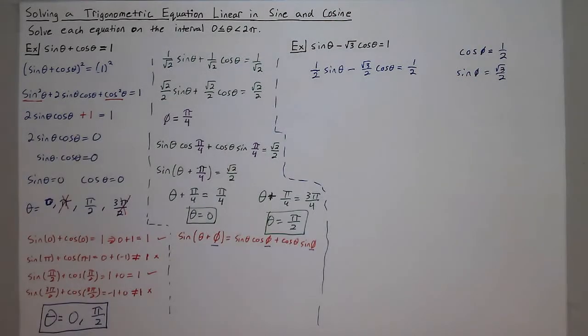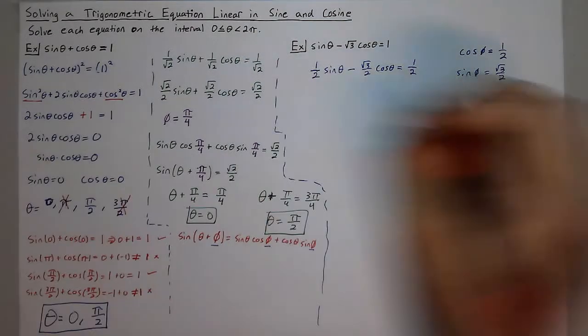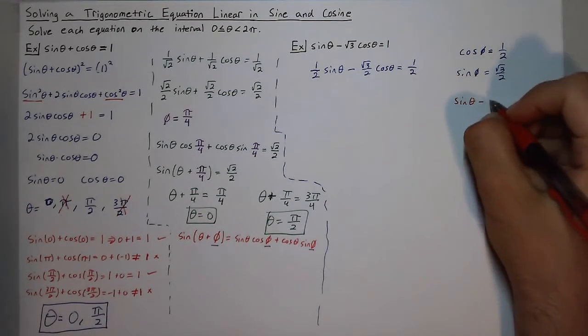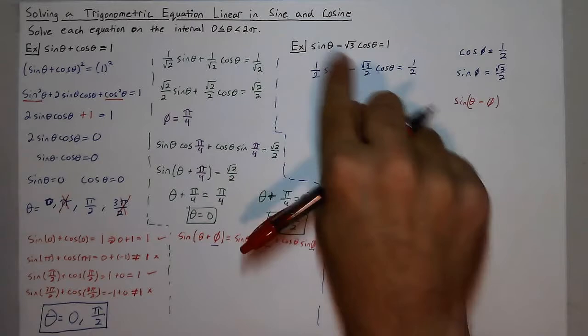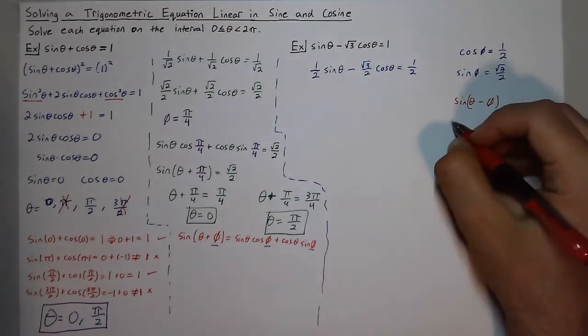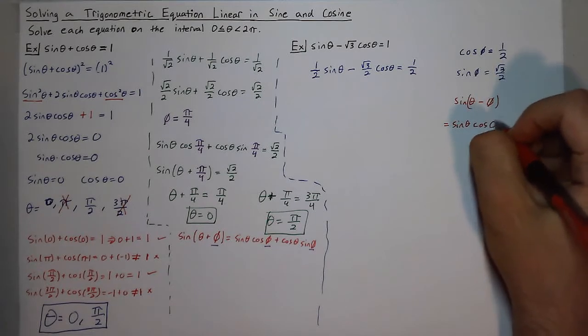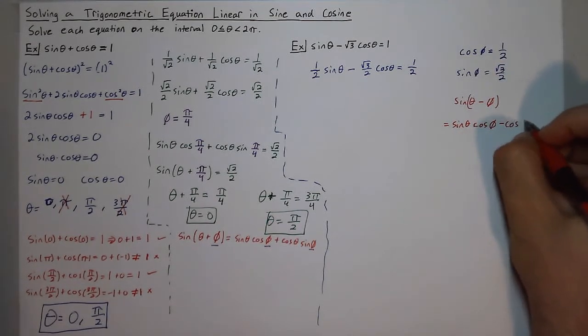And this is if I use the formula sine of theta minus phi, since I have a minus symbol between them. We know this is sine of theta cosine phi minus cosine theta sine phi.